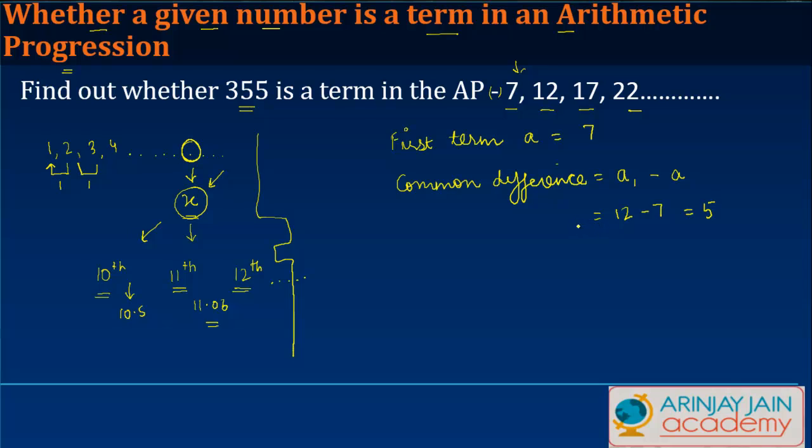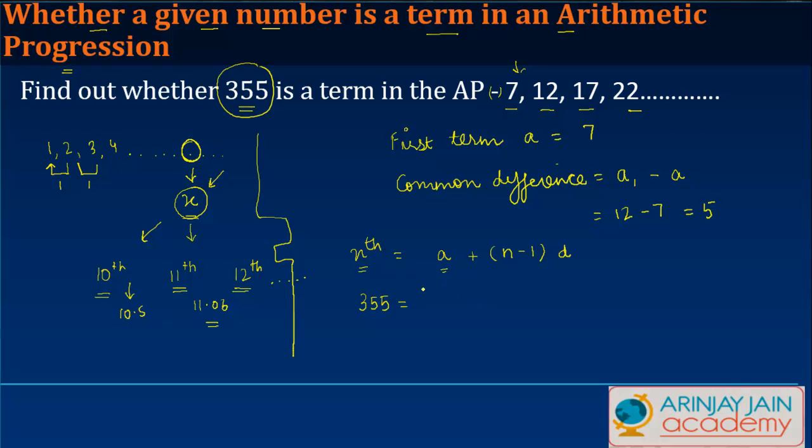Right? Now, if 355 is a term in the arithmetic progression, we know that the nth term of an AP is equal to a, which is the first term, plus (n minus 1) times d, right? Now, let 355 be the nth term of the arithmetic progression, right?